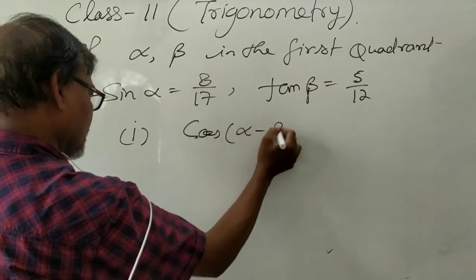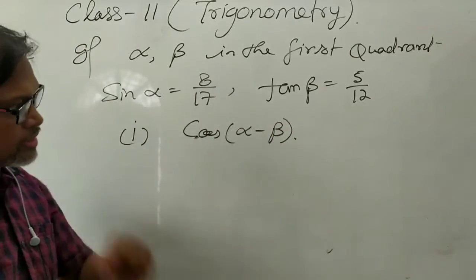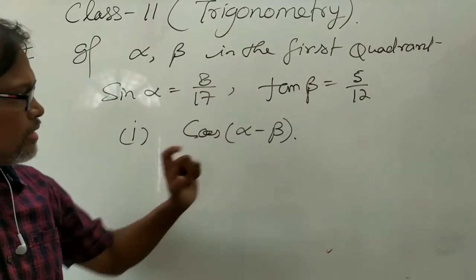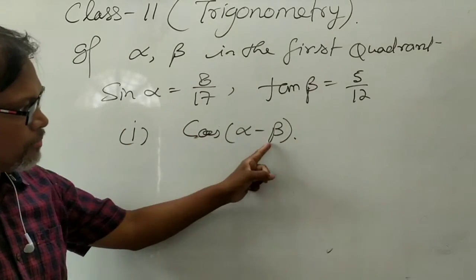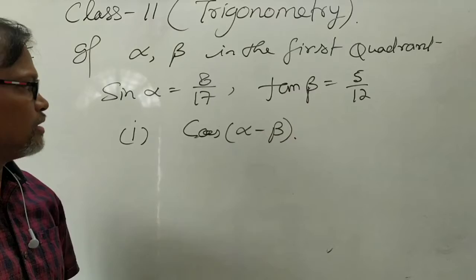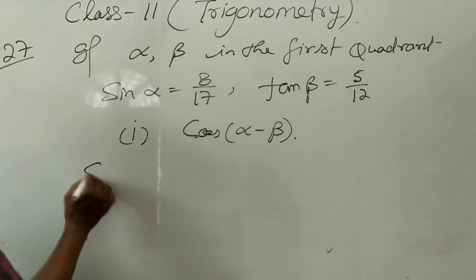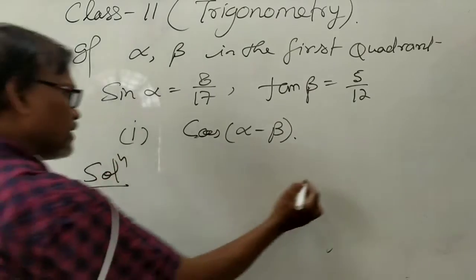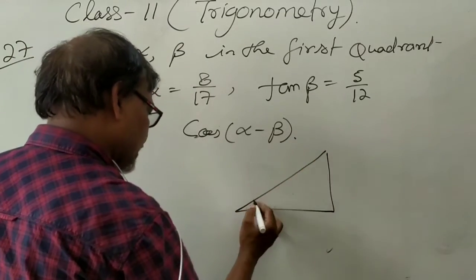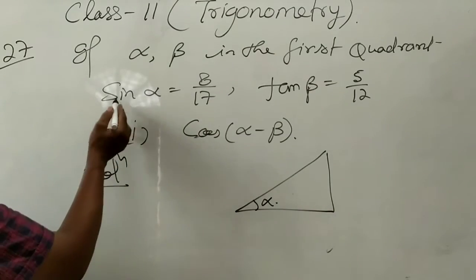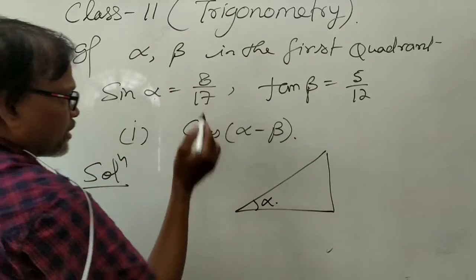alpha minus beta. If you open this, we cannot put values because only sin alpha is given and tan beta. cos alpha cos beta plus sin alpha sin beta. So only sin alpha is known, nothing else is known. So you make the triangle. First triangle, take the alpha and use what you have read in class 9th. Sin alpha is equal to perpendicular upon hypotenuse.